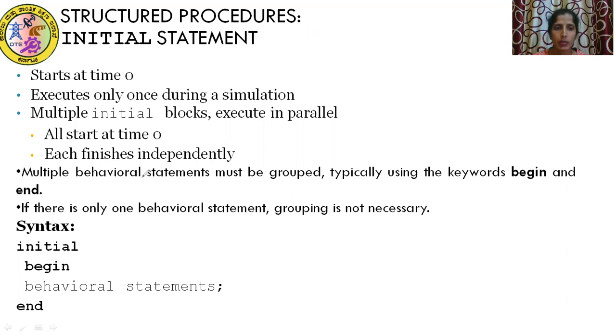When we have multiple behavioral statements within initial, they should be enclosed between the keywords begin and end. When we have to write more than a single statement within the initial structured procedure, it is necessary to enclose them between begin and end keywords.